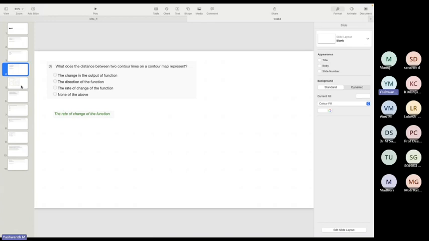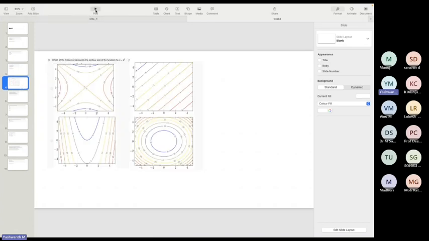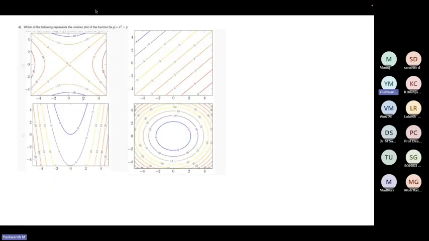Which of these represents the contour plot of the function x square minus y? Any guesses?